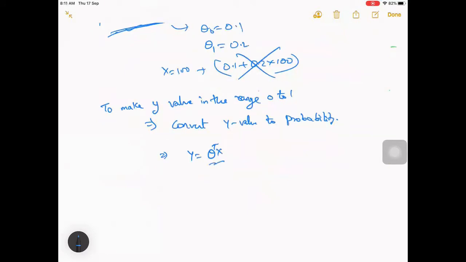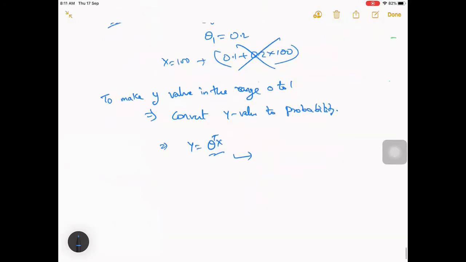Instead of directly having y like this, we add a function, something like g. That function should change your value, which can vary from minus infinity to infinity, any value, some 10,000, 20,000, minus 10,000, but your final value should be within 0 to 1.